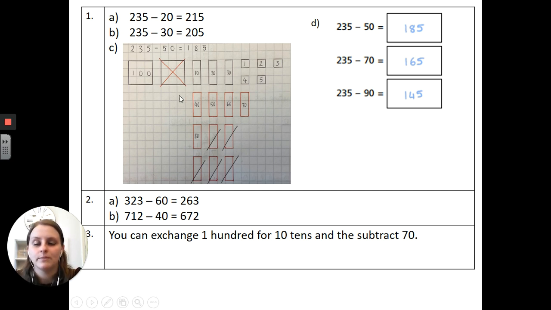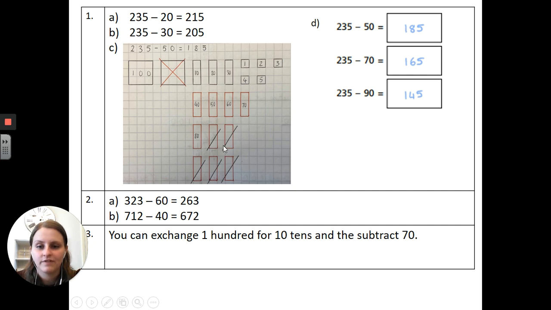So if you were using base 10, as it asked you, so you had your 200, you had your 30 and your 5. So what I've done is, because I know I can't take away, I've only got 3 10s there, I can't take away 5 10s from it. So I've had to exchange. So I've crossed out one of my hundreds and I've drawn 10 10s down here. Then once I've drawn my 10 10s, now I can subtract my 50.